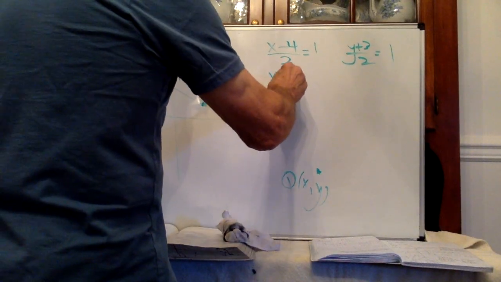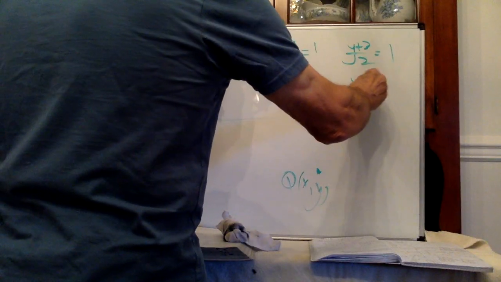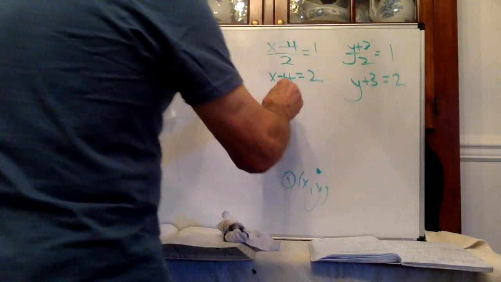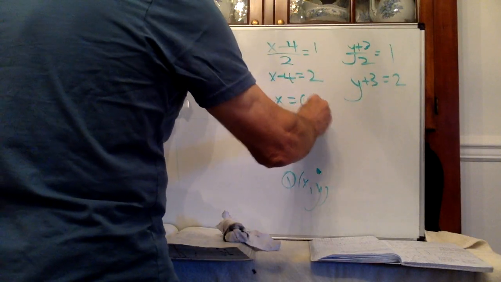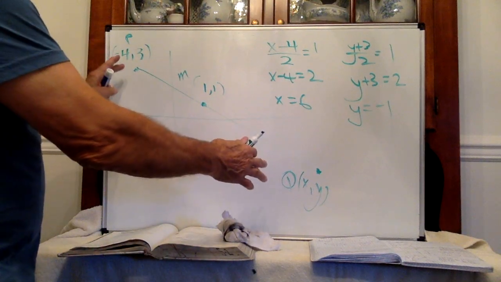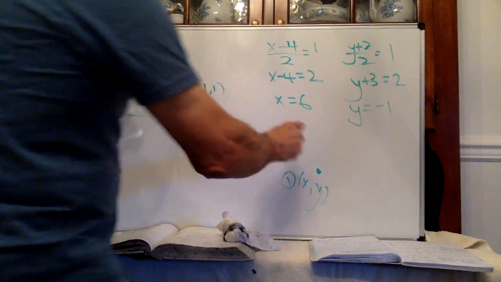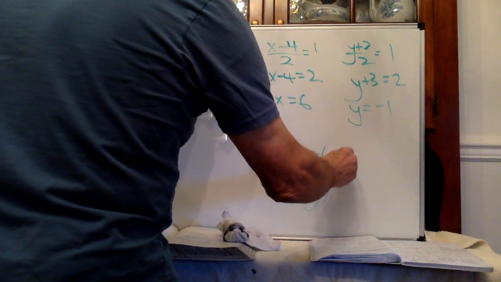Solving, you get x minus 4 equals 2. Just multiply through by 2 to remove the fraction. So x minus 4, add 4, equals 6. Y plus 3, subtract 3, and you get y equals negative 1. Again, the drawing is not to scale. Don't worry about it. This point would have to be the point 6, comma, negative 1.